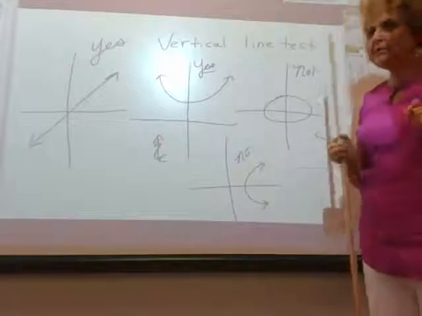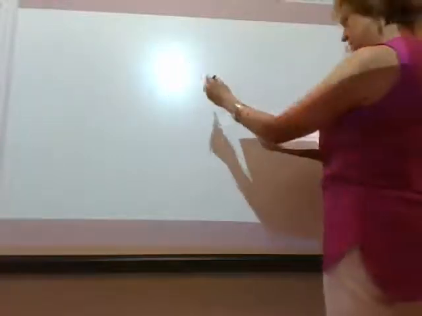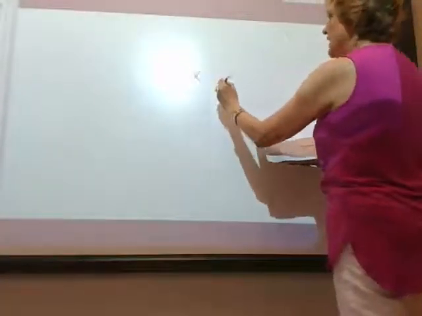I hope you have the idea about relations and functions and recognizing if they are true or not. So look at example 1. A is a function, B is a function, but C is not. And then for example 2, if you sketch that circle, they give you the ordered pairs. I'm going to go ahead and draw this for you. You can see from the graph that obviously it is not.